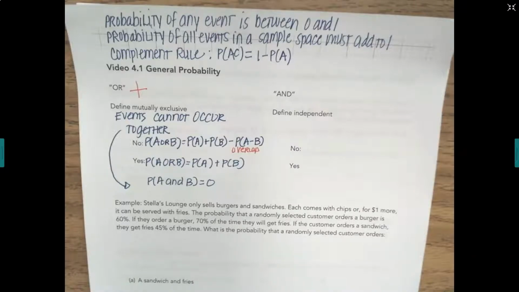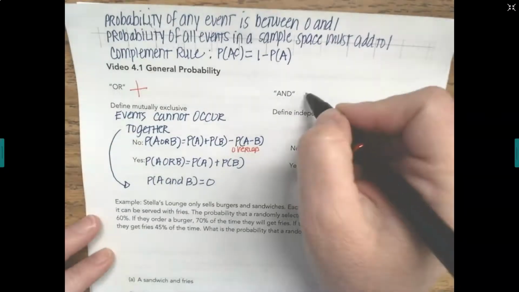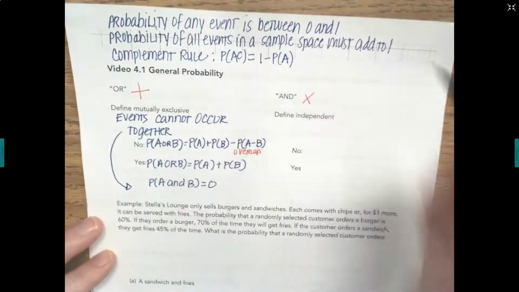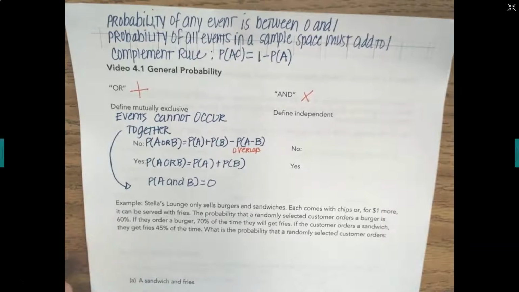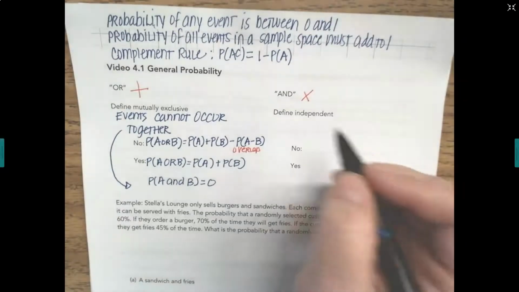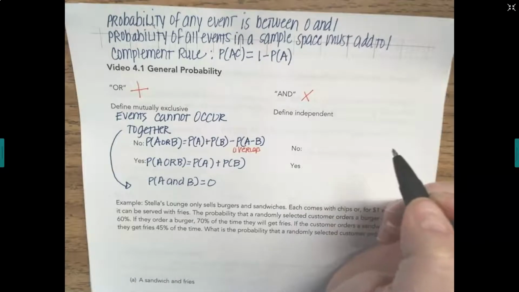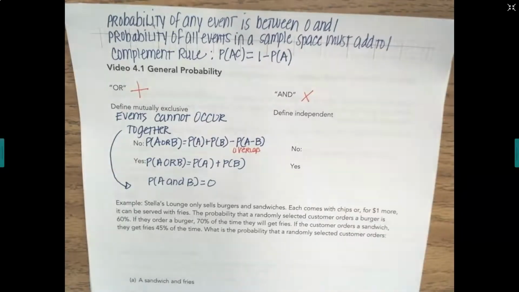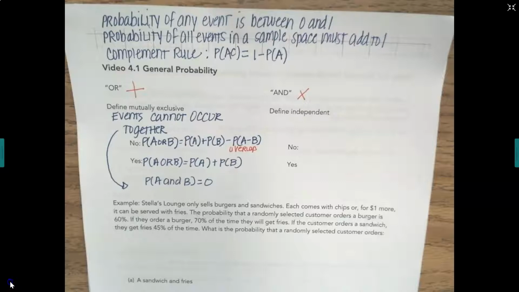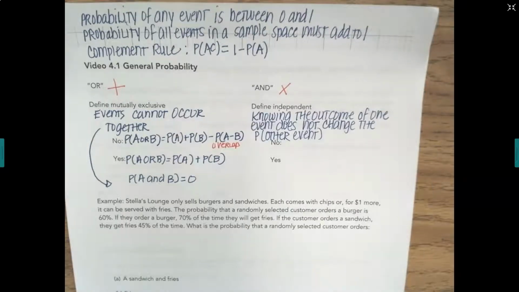The other thing that comes up is independence. Independence is going to occur with an AND situation. And when you hear the word AND in a problem, you got to think multiplication. Independent, hopefully you recall, is knowing the outcome of one event does not change the probability of the other event. So what is meant by independence? A deck of cards is kind of your easiest example.